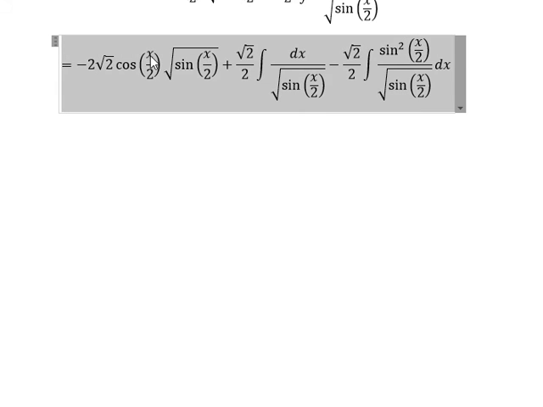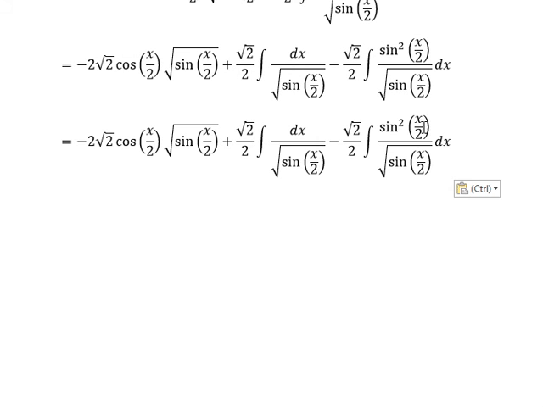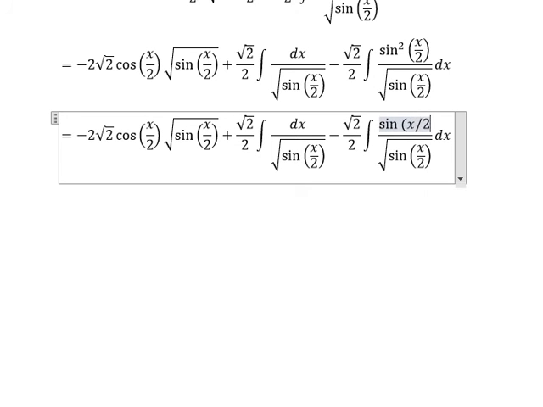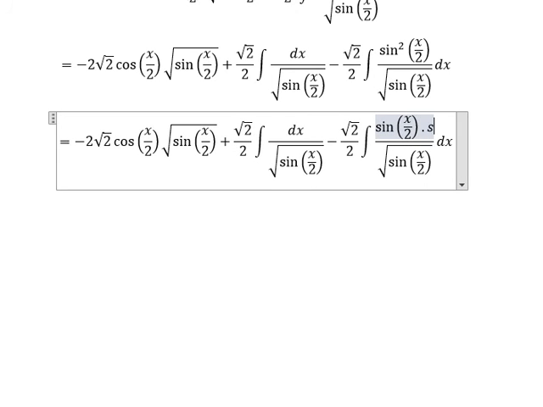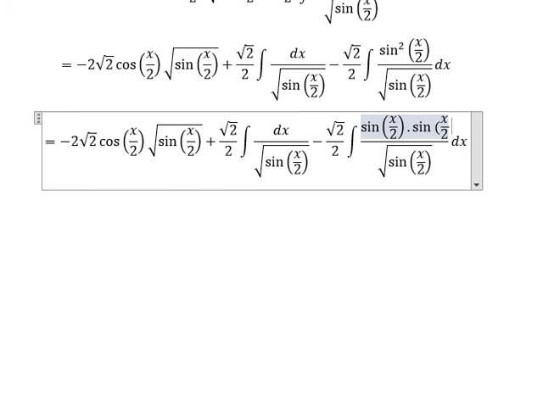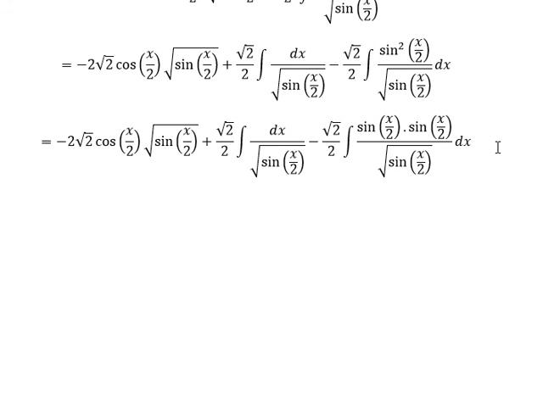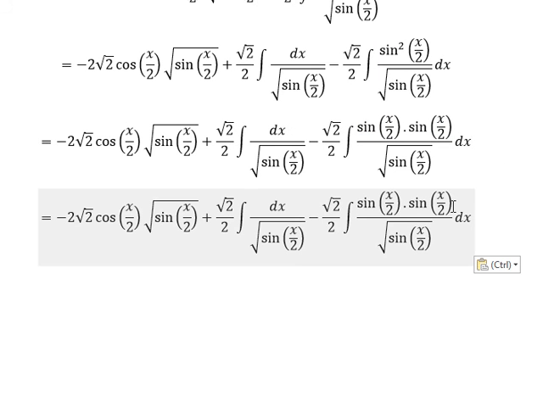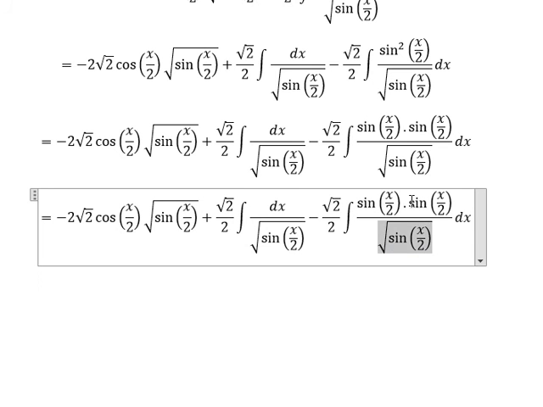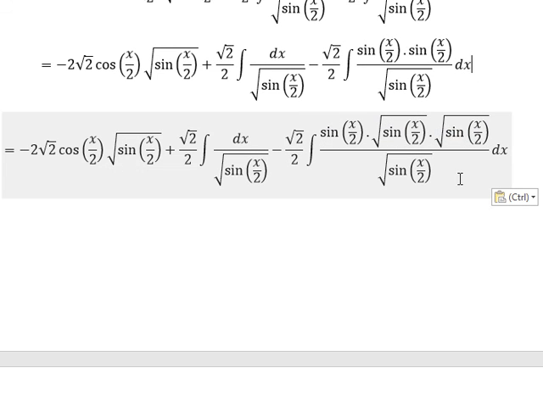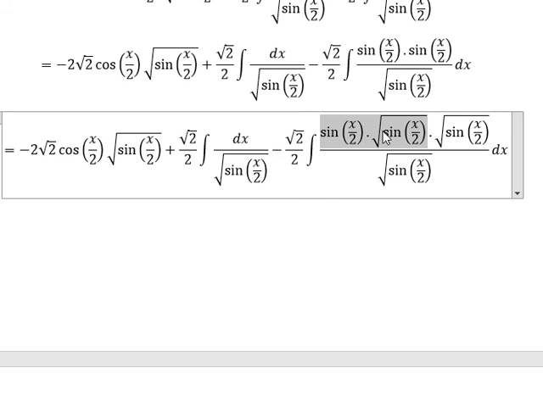Next, about sine squared of s over 2, we can put sine of s over 2 multiplied with sine of s over 2. Next, about sine of s over 2, we can put the square root multiplied with the square root. So this one cancels this one, and you just have this one left.